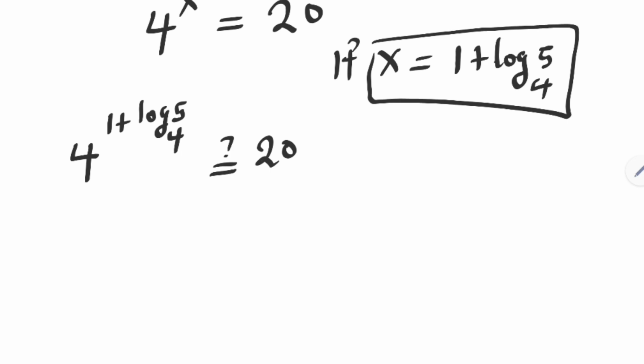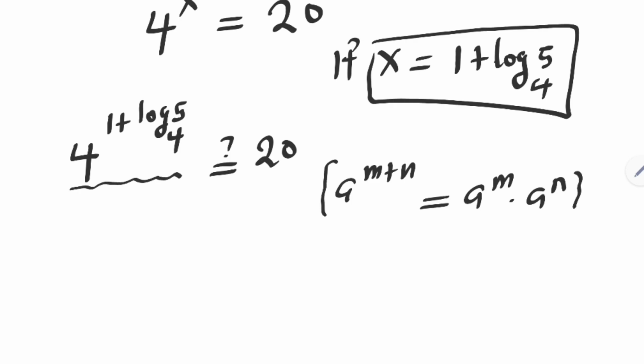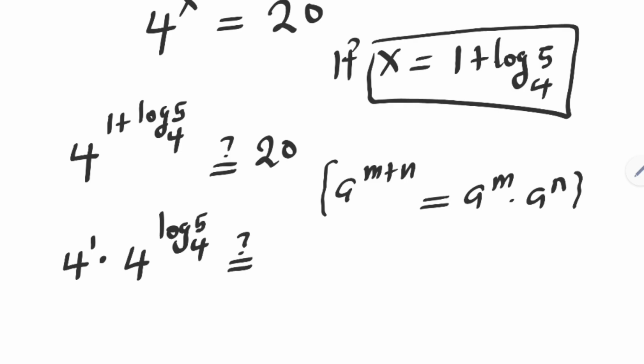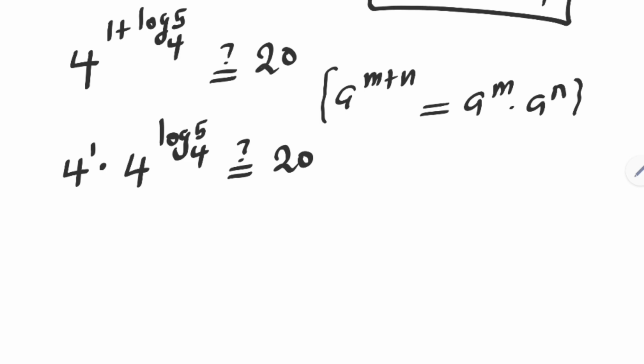Now, if you have a raised to power m plus n, this is equal to a raised to power m multiplied by a raised to power n. Then this can be written as 4 raised to power 1 multiplied by 4 raised to power log 5 base 4 must be equal to 20. 4 raised to power 1 is 4 multiplied by 4 raised to power log 5 base 4 must be equal to 20.